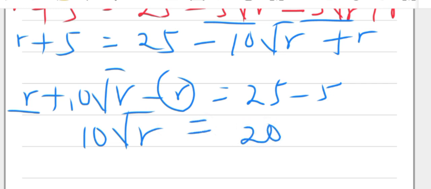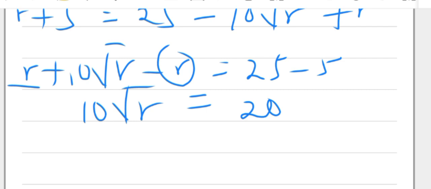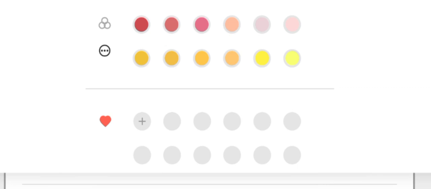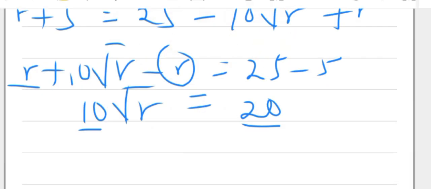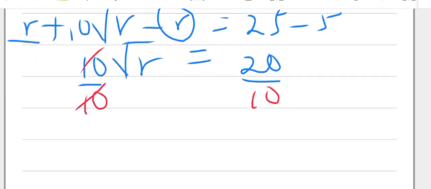Note that we are looking for r. Here 10 is multiplying root r, so we clear the 10 by dividing both sides by 10. Over here you'll be left with 2, so root r is equal to 2.